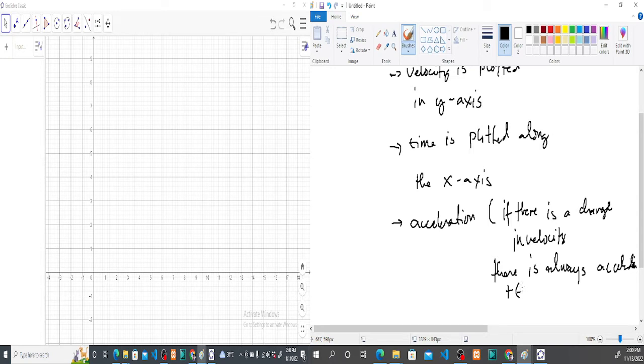So the negative acceleration, okay, positive acceleration and negative acceleration. So these signs can be due to the change in direction, or relative change in direction, or relative change in magnitude.